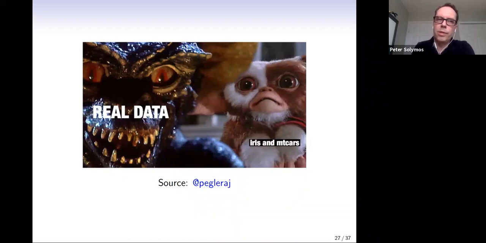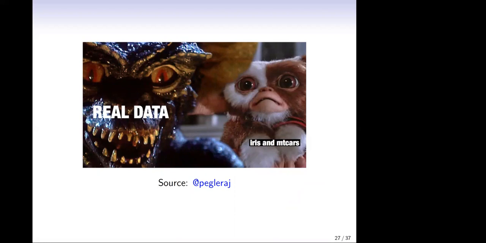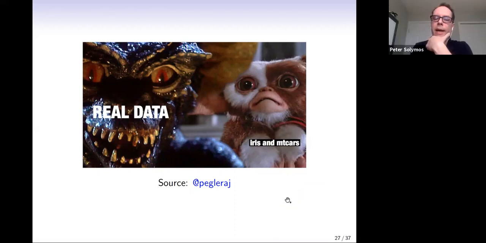We are going to use real data sets here, but I already pre-processed it to some extent, so we are not going to see the full gremlin side of it. And this data set happened to be in a really good shape to begin with, so it was more Mogwai-ish.